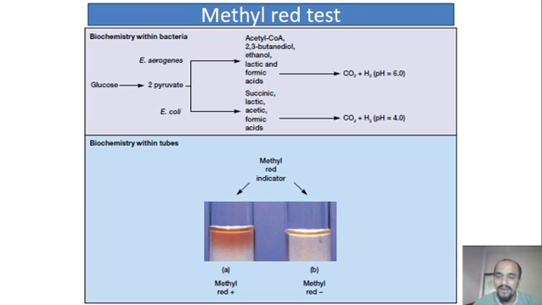So to see whether the pH of the medium has become acidic, we use an indicator called methyl red. So methyl red below pH 4 turns dark pink or red color. So methyl red addition checks acidity.